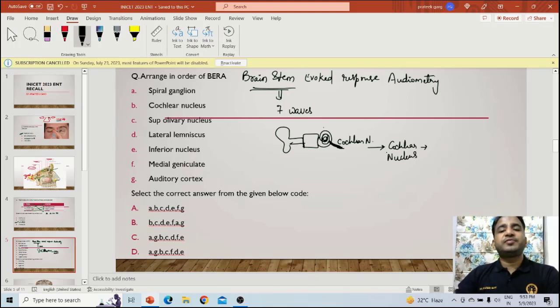Then after the cochlear nucleus, we remember by a mnemonic SLIM. S stands for superior olivary complex. L stands for lateral lemniscus. I stands for inferior colliculus.